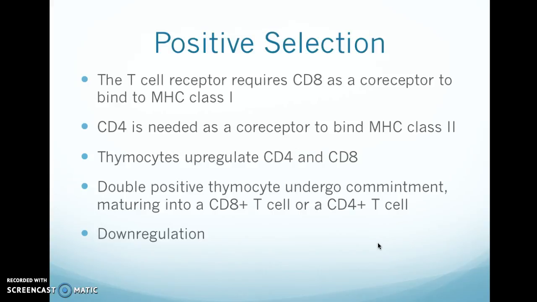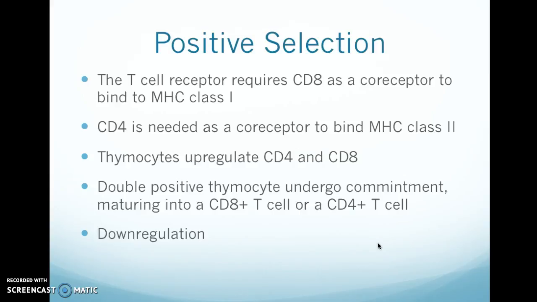Lineage commitment occurs at the late stage of positive selection and works by downregulation of both CD4 and CD8, which reduces the signal from the T cell receptor, and then upregulation of CD4 only. So we had upregulation of CD4 and CD8, which made it a double positive cell.